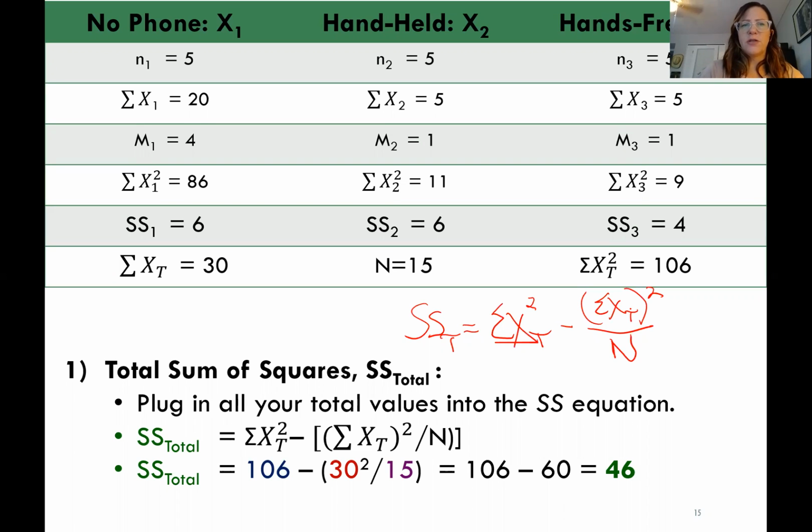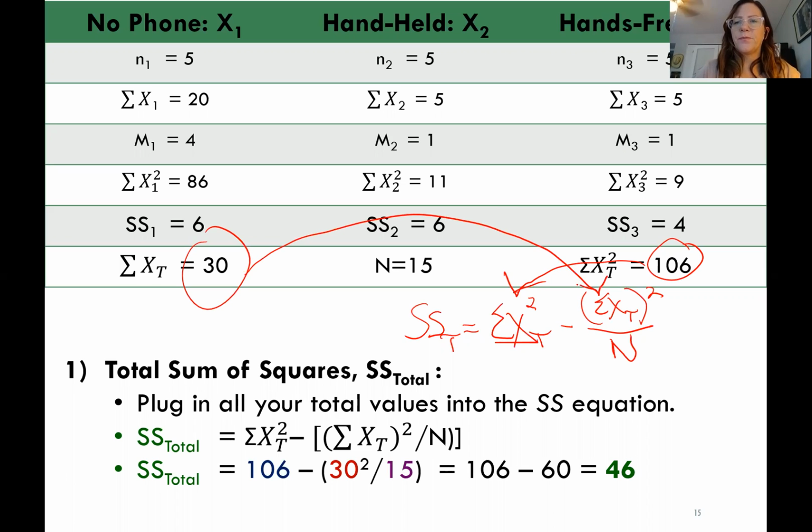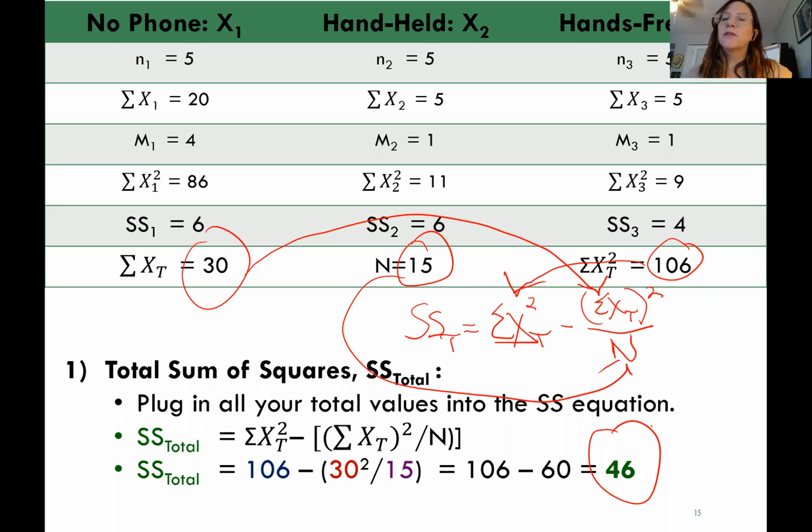So that means you're going to plug in this number here, this number is going to go here, and this number is going to go here. So 106 minus 30 squared divided by 15 is 46. So we have our sums of squares total ready to go.